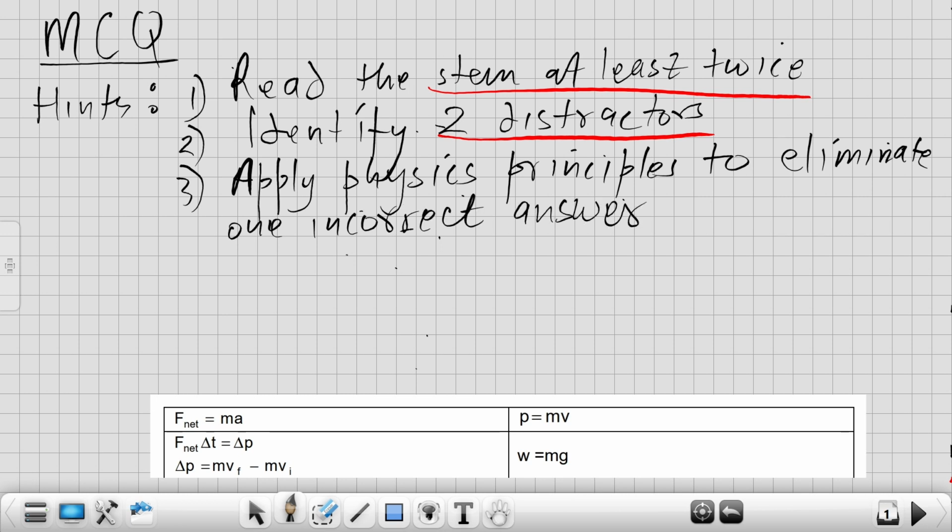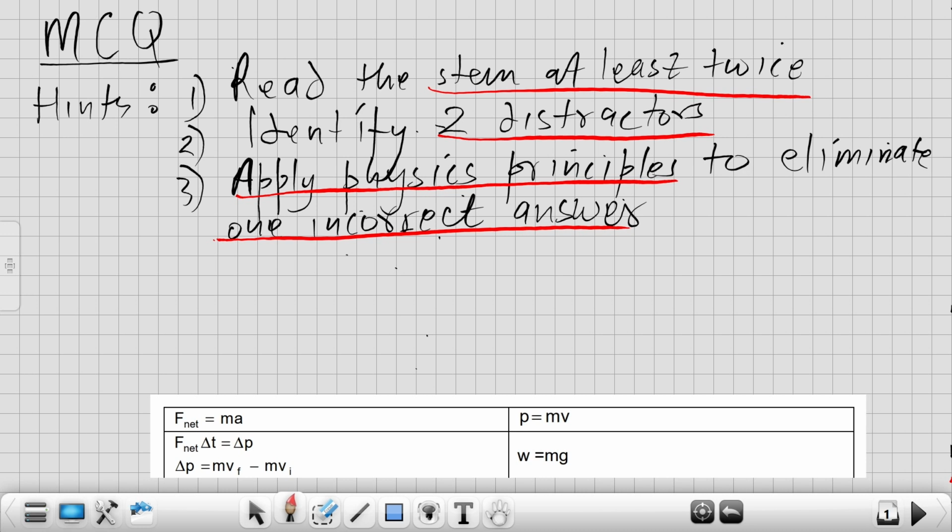Applying a physics principle is a question of, in the stem, being able to pick up which topic is being assessed. Once I know which topic is being assessed, I can go back, remember and apply the physics principles to be able to eliminate one incorrect answer.